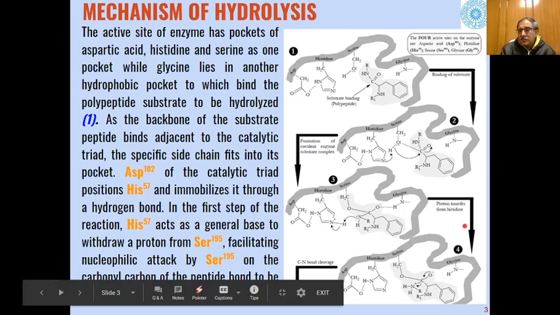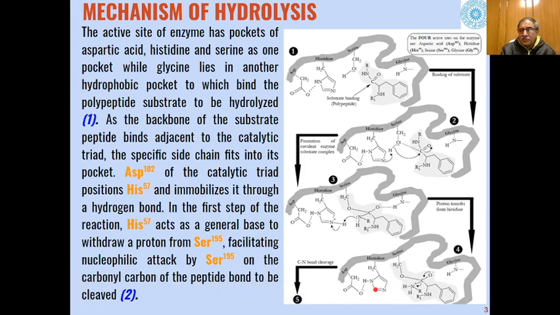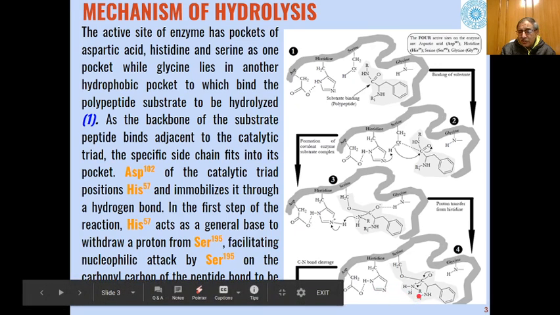In the next step, proton transfer from histidine to the substrate takes place, and a tetrahedral intermediate is formed. Histidine goes back to its original position, and then carbon-nitrogen bond cleavage takes place, which completes the hydrolysis of this peptide bond in the fourth step.